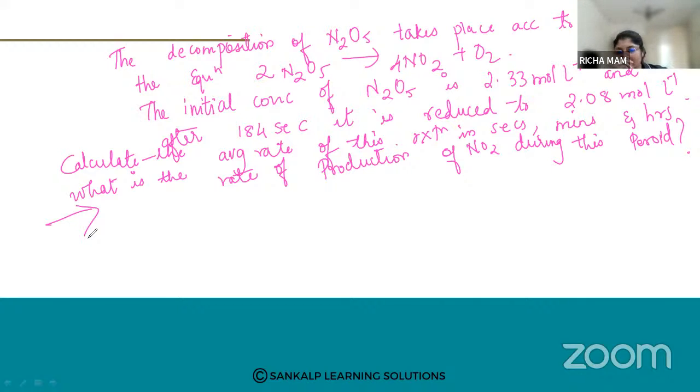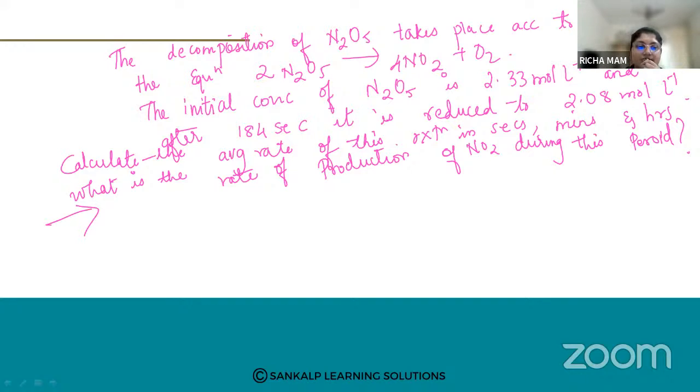The initial concentration of N2O5 is 2.33 mole per liter, and after 184 seconds the concentration is reduced to 2.08. So the change in concentration is 2.08 minus 2.33. You have to calculate the average rate for this reaction in seconds, minutes, and hours. And what is the rate of production? How much NO2 is produced during this period of time?